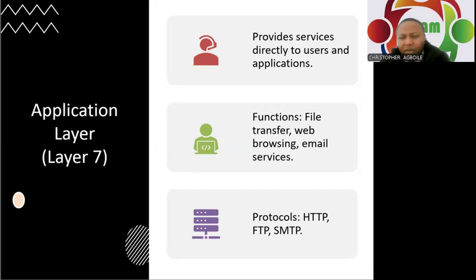It functions as application-specific operation, like web browsing and email. It also handles protocol interactions directly visible to the user, talking about the interface. The protocols used are HTTP, FTP, SMTP, DNS, and so on.